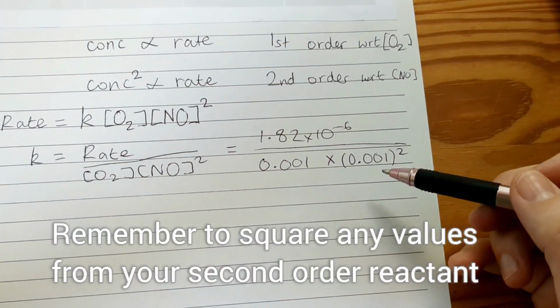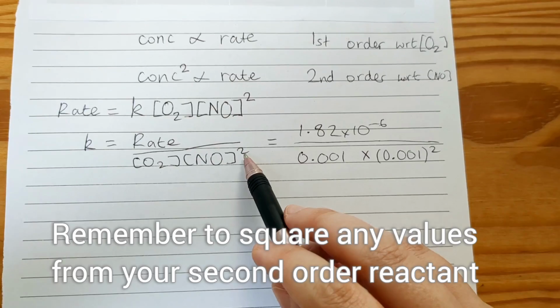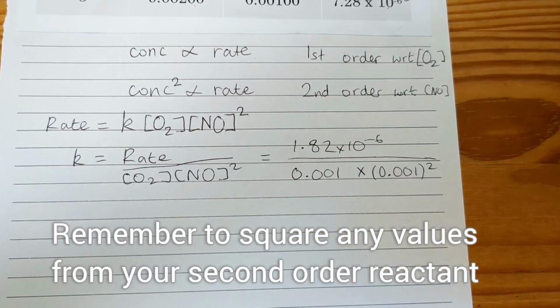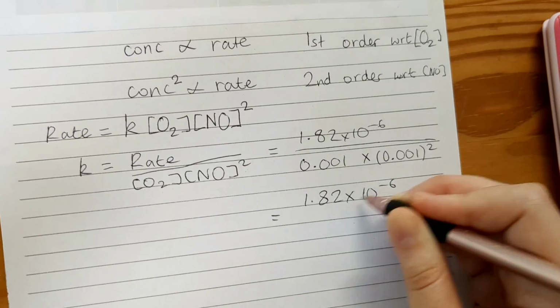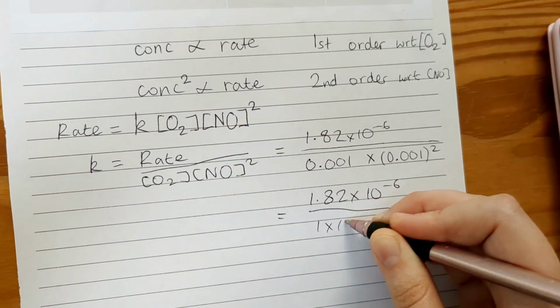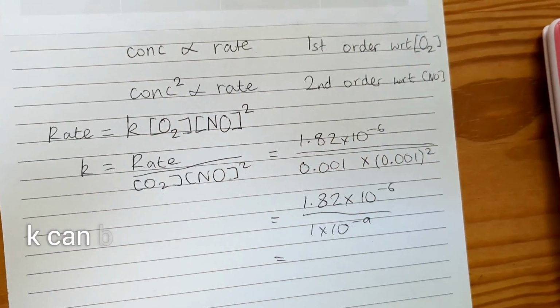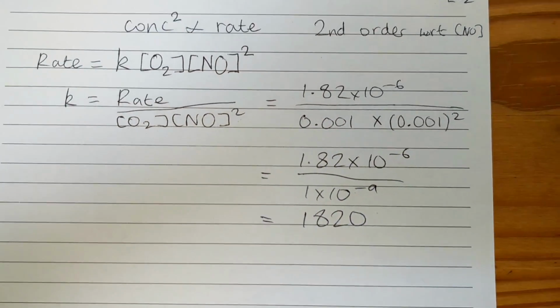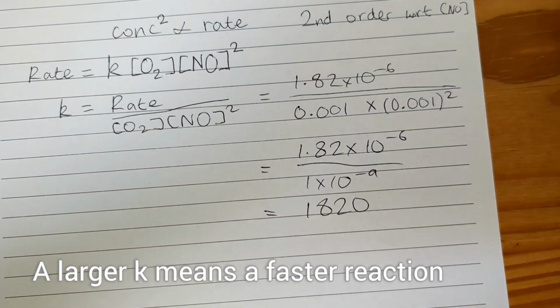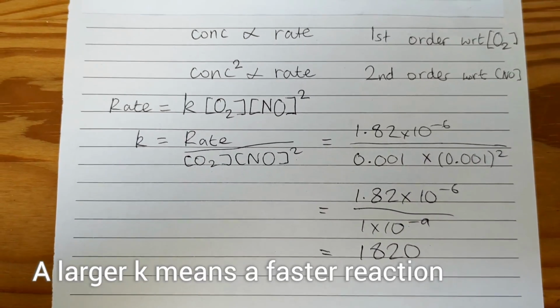And remember to square this value because you have a squared here for the second order reactant. And we should come out with a value of 1820 for the rate constant.